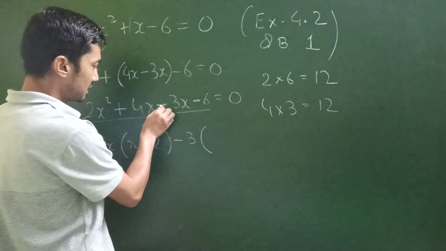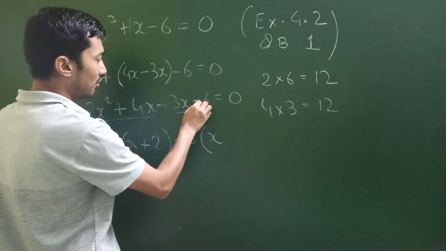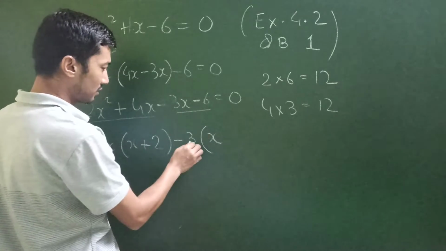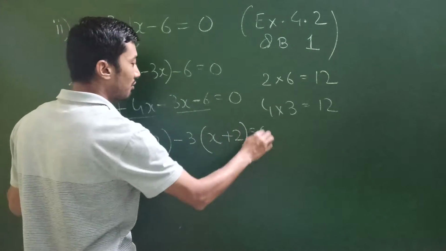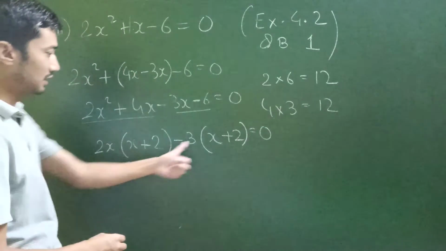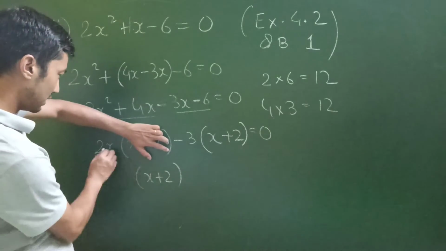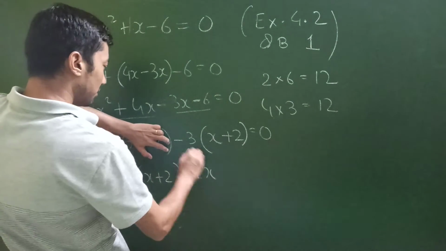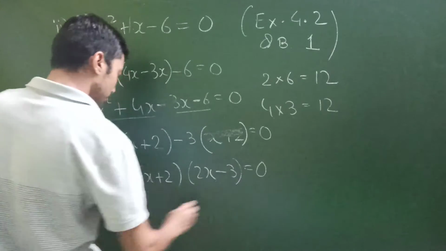So minus 3 is already common, so what is left here? Plus x. Again, minus is already common, 3 also common, so minus changes to plus because minus is taken common, isn't it? So that's why you will see that these two values are again the same. So again we take x plus 2 common, so what is left? 2x minus 3 equal to 0.